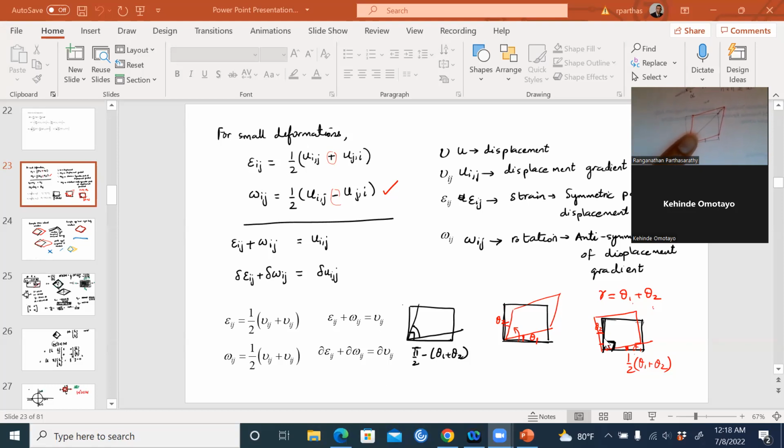After deformation, the red line still coincides exactly. That will happen when this angle and this angle are equal. So subtraction, this angle minus this angle, that is the rigid body rotation, okay?